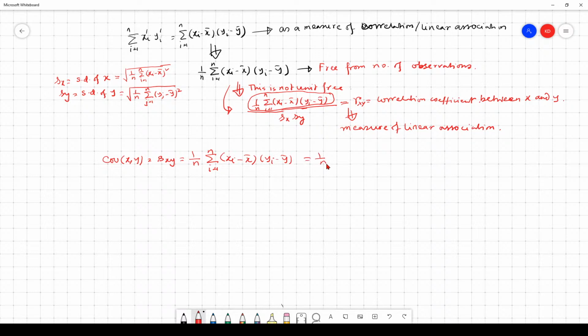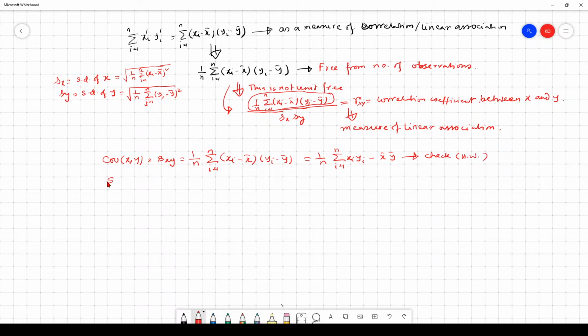After simplification, we can write this as, you can check this. This is your homework.